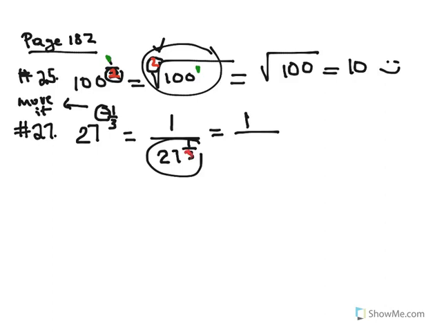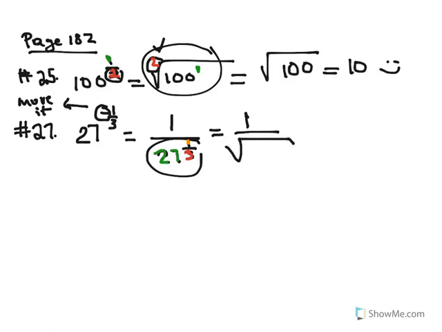This number right here is the denominator of the fraction. This number right here is what we call the radicand, the number under the radical. And this number right here is the numerator of the fraction. So now I'm going to convert this to a radical.